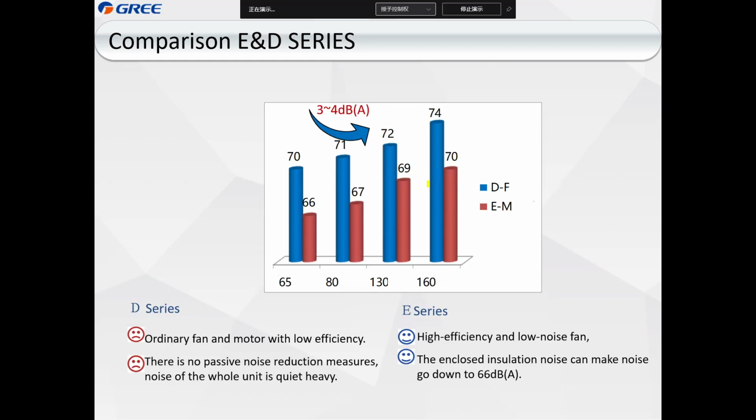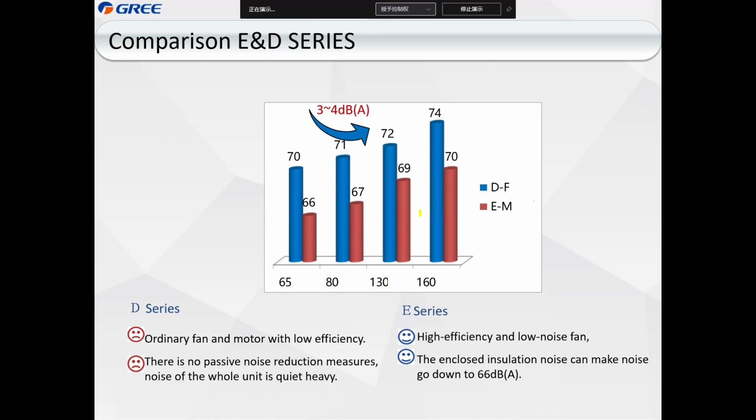Also, we can see another difference for the whole series of products, for every module. We can see the noise. The red color is the E series.